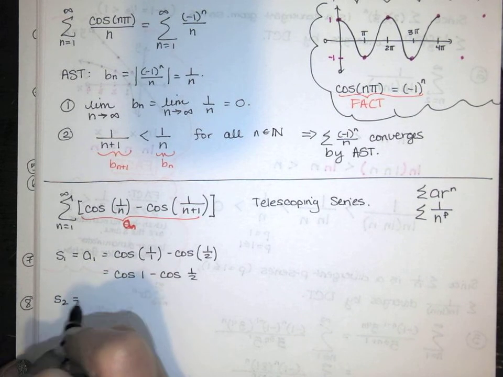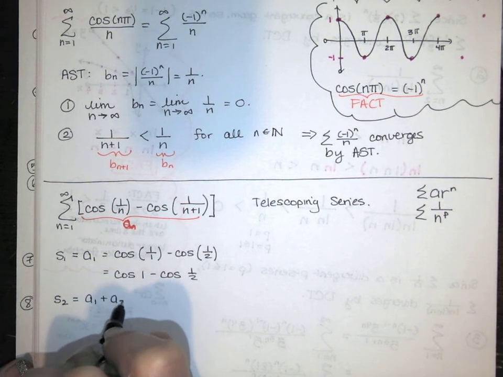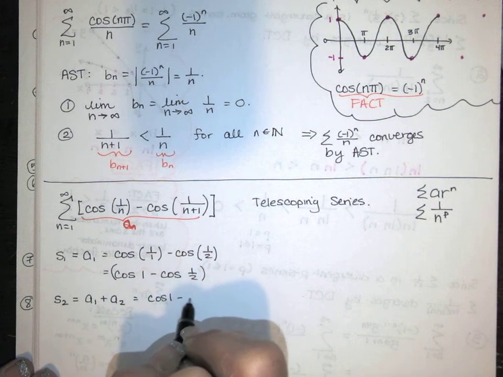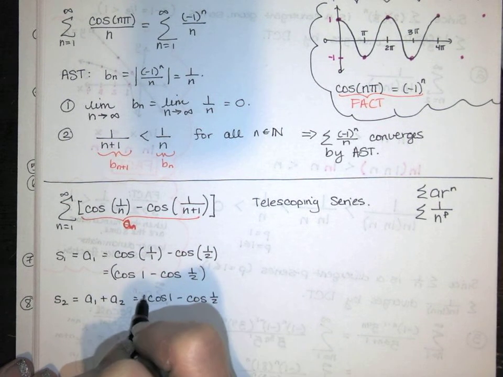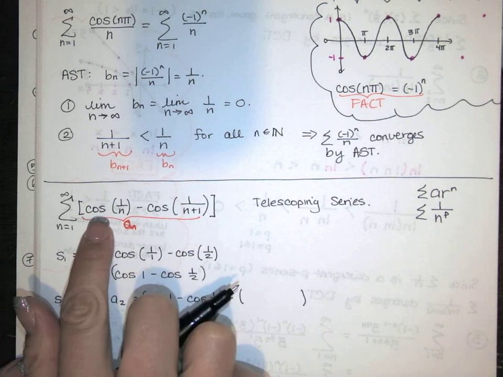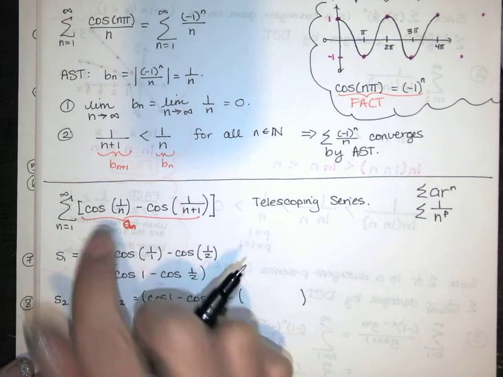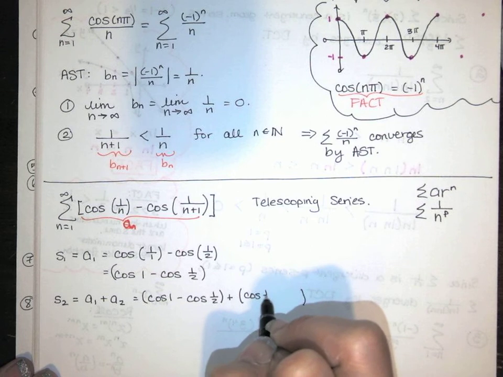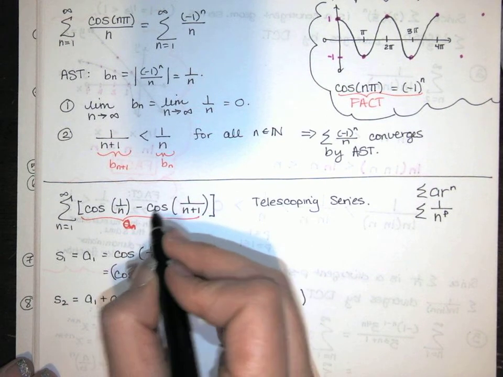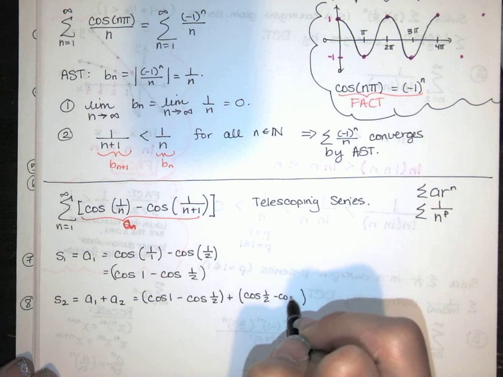Now s sub 2 is the sum of the first two terms. So you take what you just had, cosine of 1 minus cosine of 1/2, and then you add what you get when you replace n with 2 up here. So we'll have cosine of 1/2 minus cosine of 2 plus 1, which is 3, so minus cosine of 1/3.